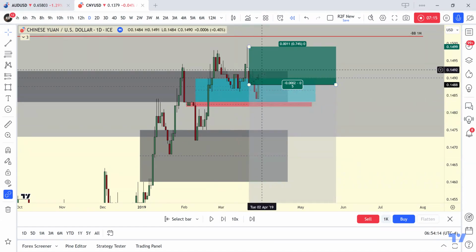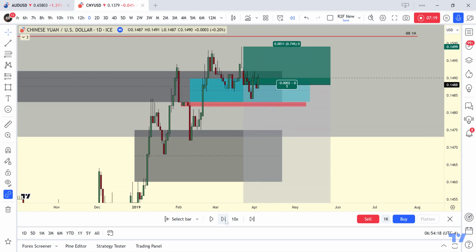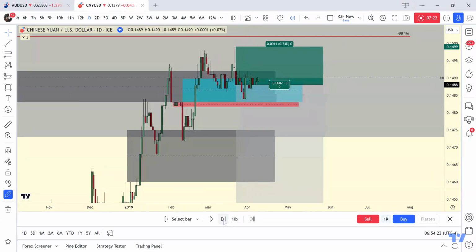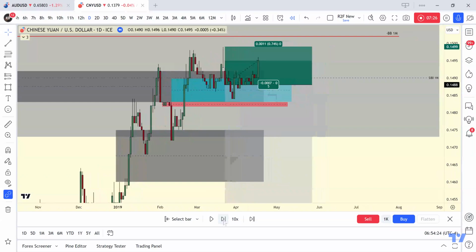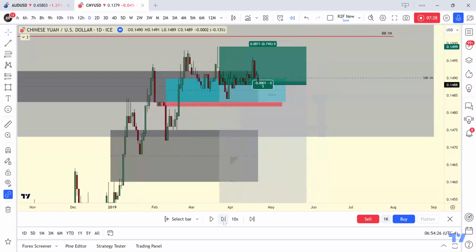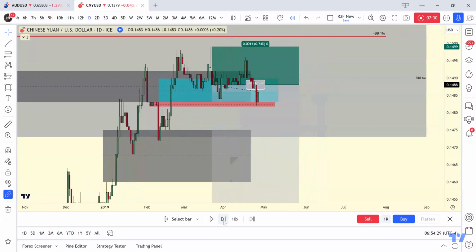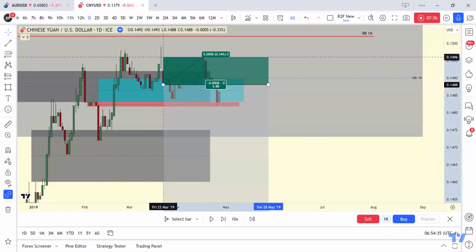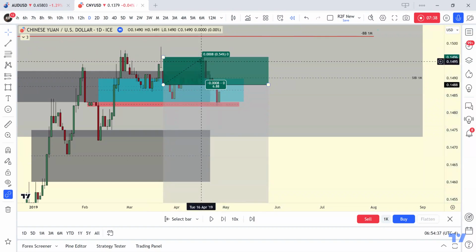Okay, so we came down here. Big reaction, but let's see if we continue up into this gap. Equal highs. Okay, so we're into this gap now. I'm going to put my stop here because if we break that, we're probably going higher.